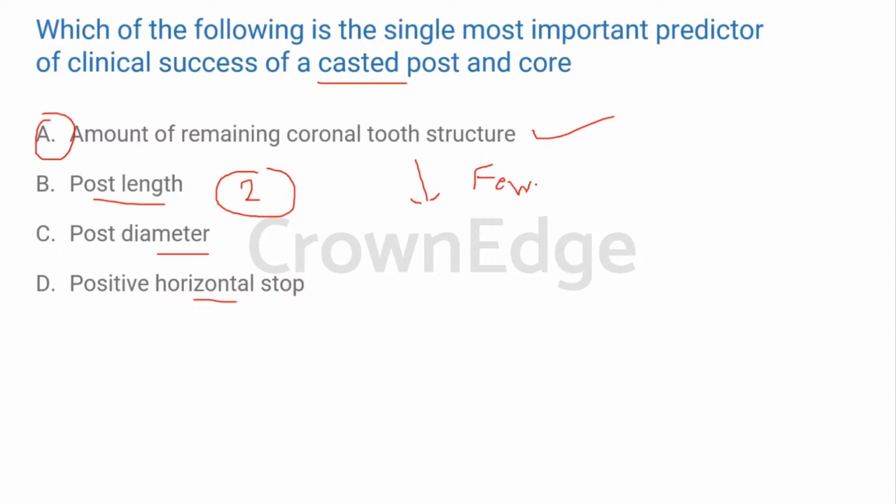Ferrule effect is nothing but the amount of remaining tooth structure that is going to hold on to my post and help improve the retention and resistance of the post itself. Okay, so any question like this, do not get confused. You should know what type of post you have to choose, where and when a post core is indicated.